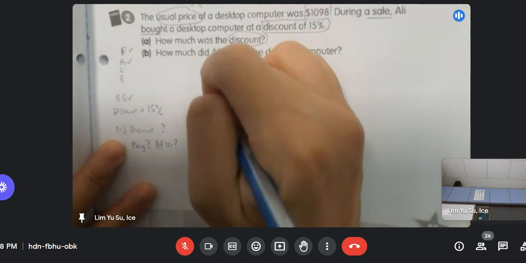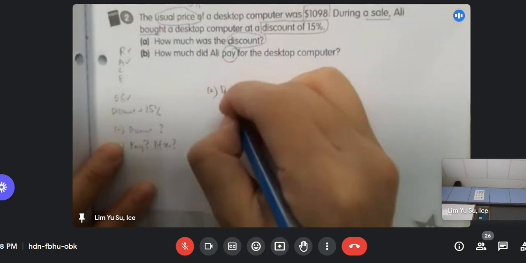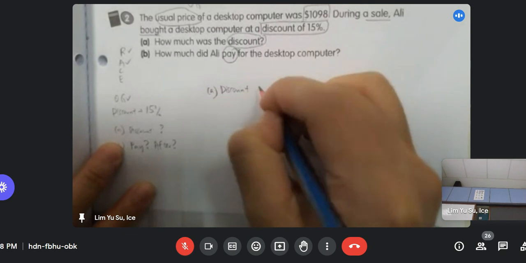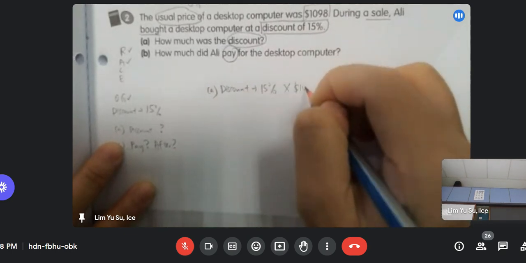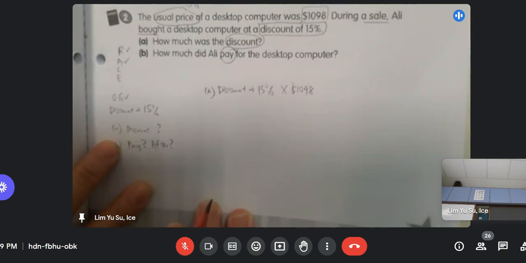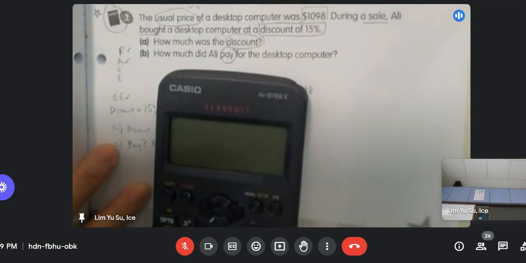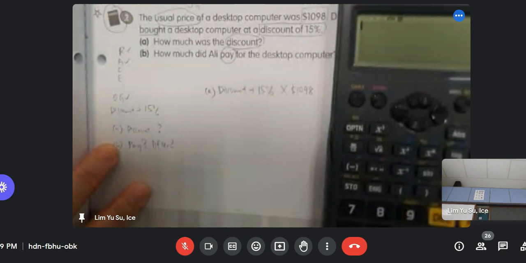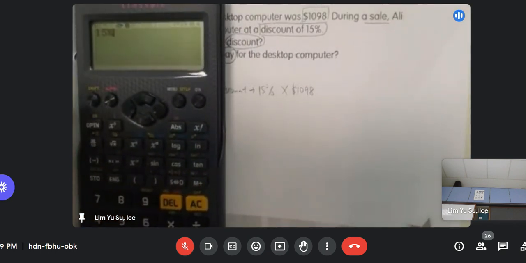Okay, so it's as how the previous questions were. First find the discount. The discount amount is 15% of the original price, which is $1,098. Now, if I'm able to use a calculator, I can just press straight away 15% answer times 1098.